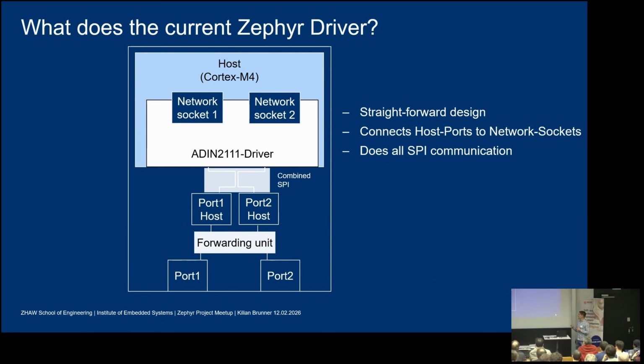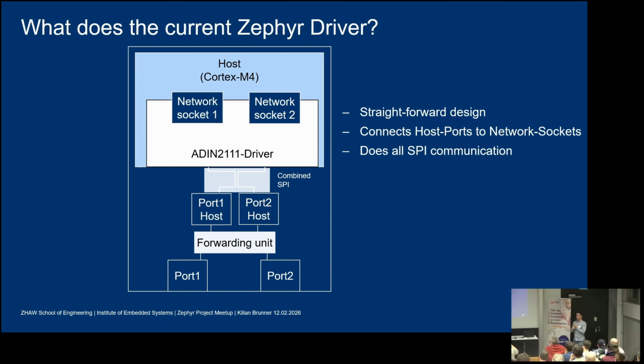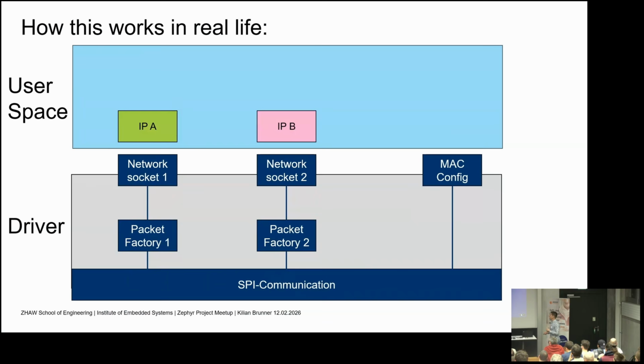So again, how is the driver designed? The driver is pretty straightforward. It just connects these host ports to the network sockets. It does all the SPI communication, and that's it. So it's pretty elegant, I would say. But is it enough? We'll see later in a real system.